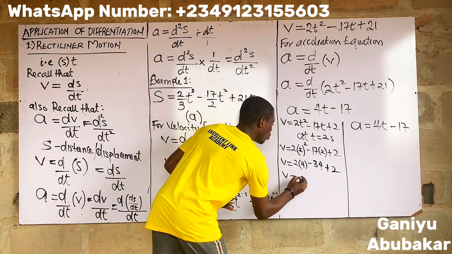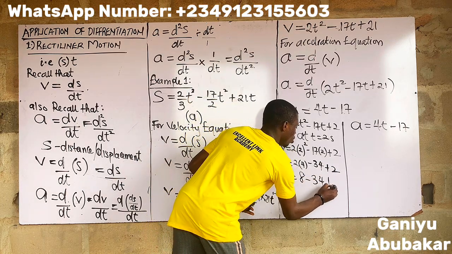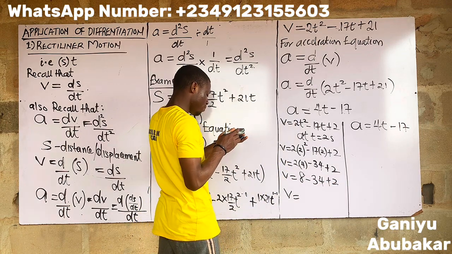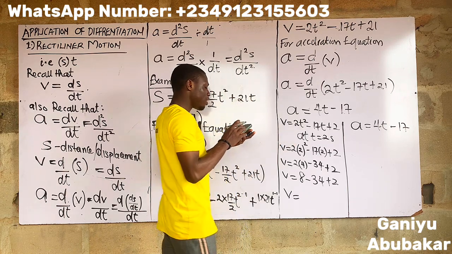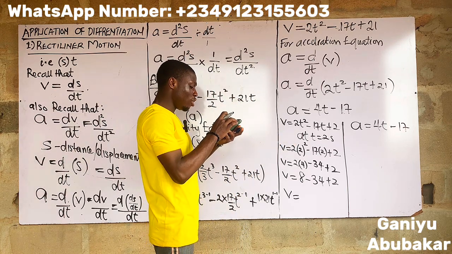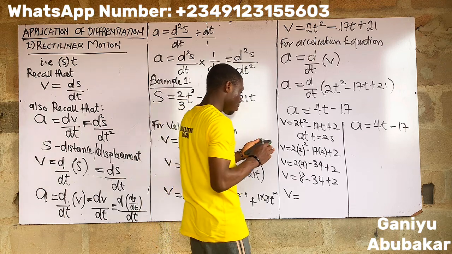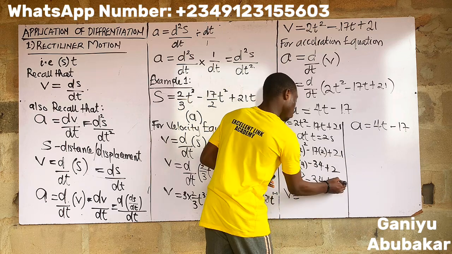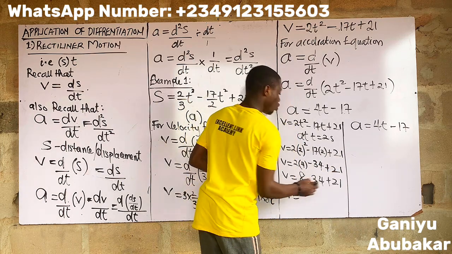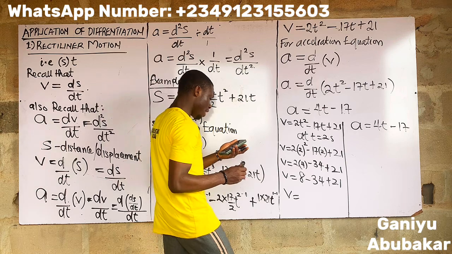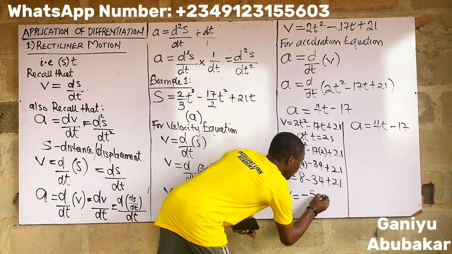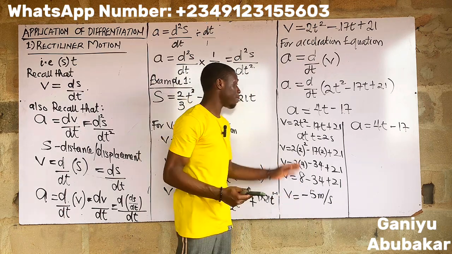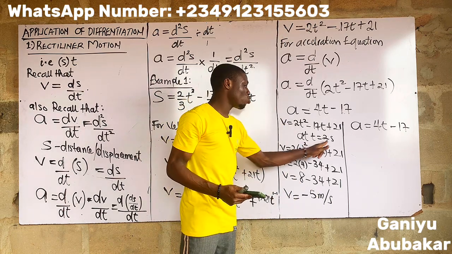This one, v is equal to 8 minus 34 plus 21. What's my velocity of the body after 2 seconds? It will be, hang on, this one is 21, not 2. So my answer becomes negative 5 meters per second. So know that velocity is measured in meters per second. So it becomes my velocity of the body after 2 seconds.